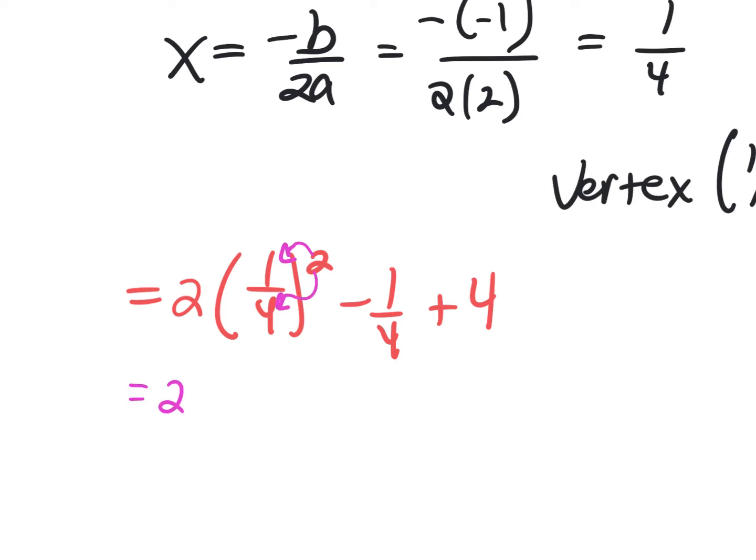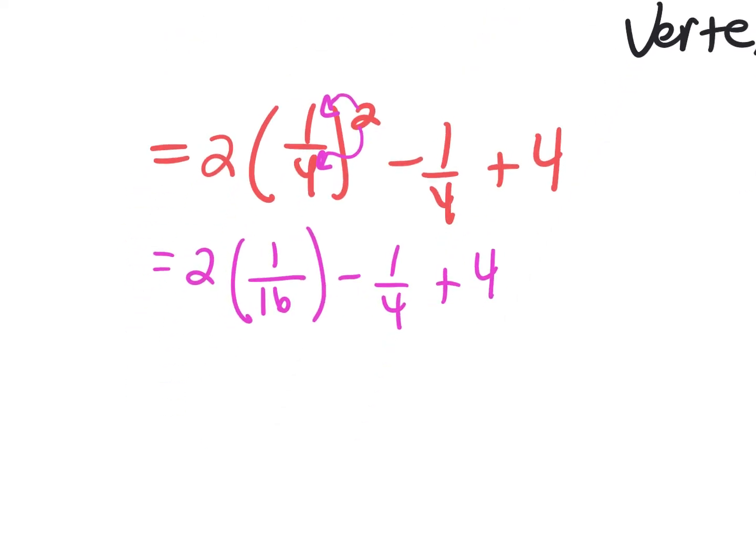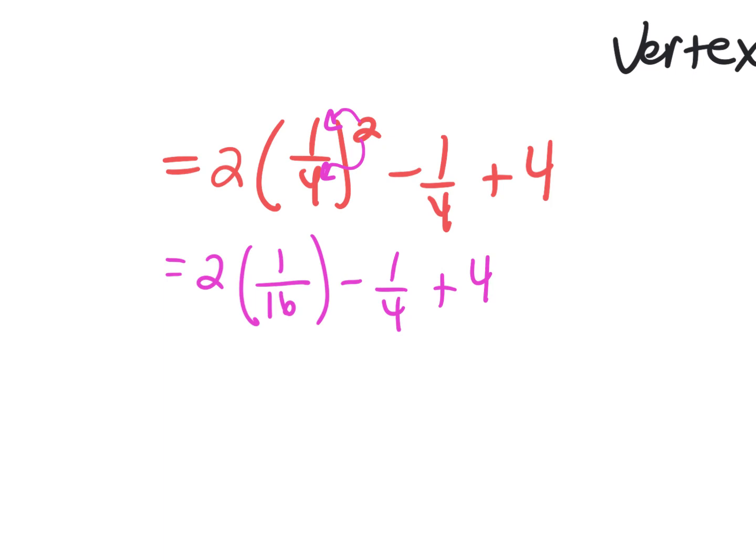So this becomes 2 times 1 squared is 1, 4 squared is 16, minus 1/4 plus 4. Now, how you simplify from here is totally up to you. If you want to make that first fraction 2/16 and then change everything to 16ths, that's fine. I personally like to make my numbers smaller. So this is 2/16. I'm going to say 2 goes into 2 once and 2 goes into 16 8 times, right?